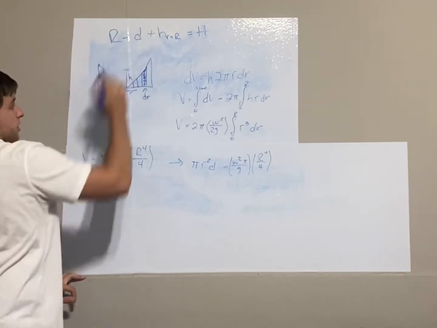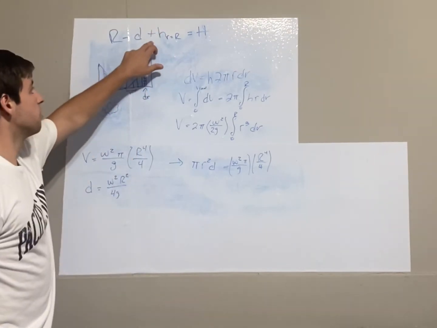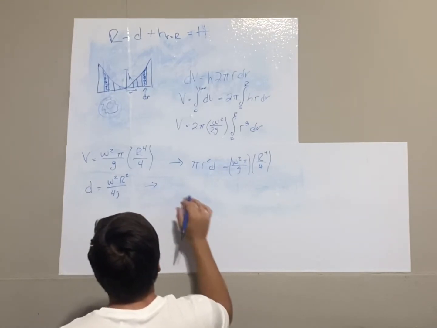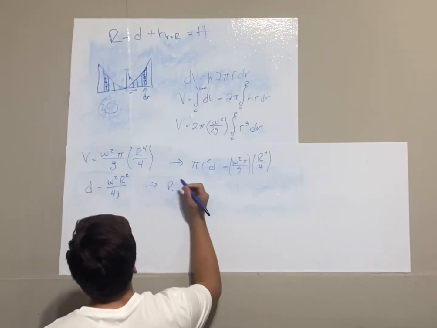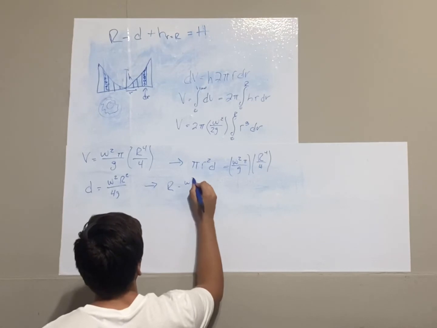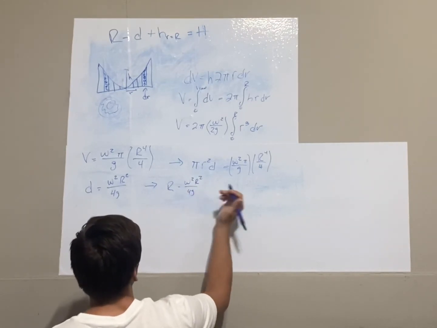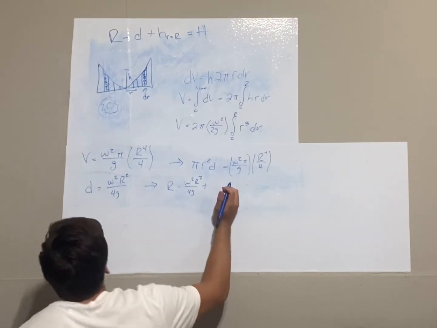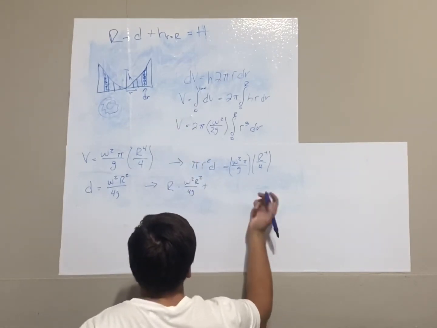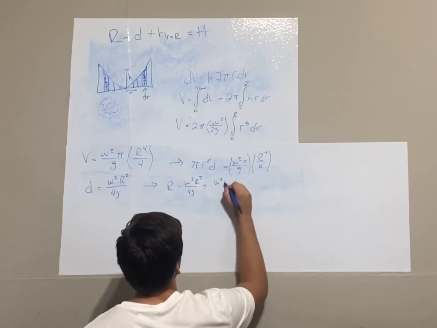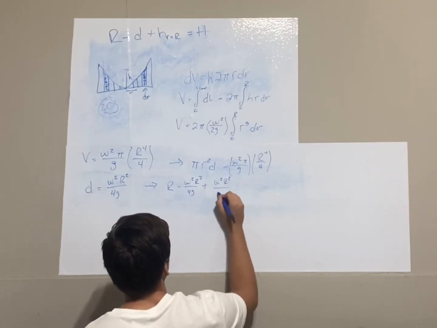So now we are going to go back and plug in what we have into this equation. So when we do this, we get R minus omega squared R squared over 4g. And if you remember from earlier, h, when you have the full radius of the cylinder, is equal to omega squared R squared over 2g.